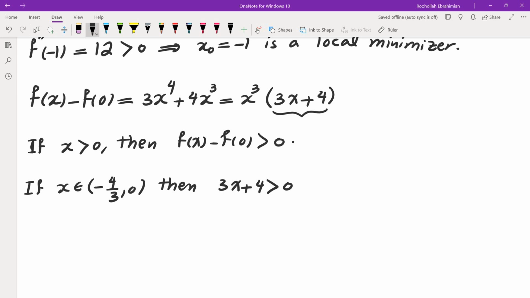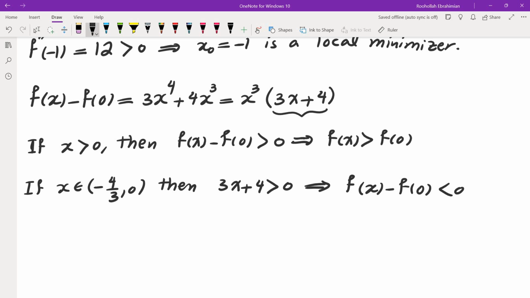So multiplying both sides by 3 and adding 4, we get this. And that means f of x minus f of 0 is in fact negative. So the first one tells you f of x is more than f of 0. The second one tells you f of x is less than f of 0.